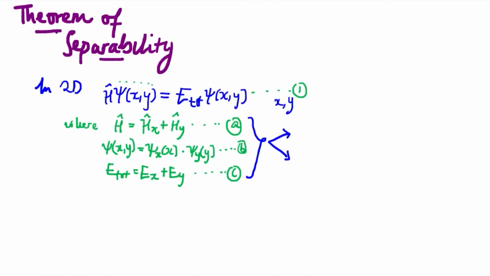For the first variable, x, the Hamiltonian on the x coordinate acts on the wave function on the x coordinate, and this is equal to the energy on the x coordinate, spitting out the same wave function on the x coordinate. On the other side, on y, we have the same thing happening.